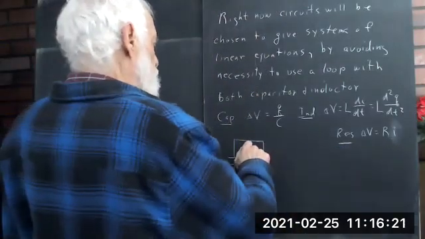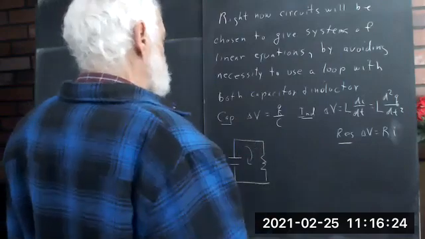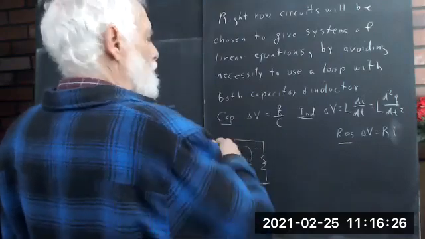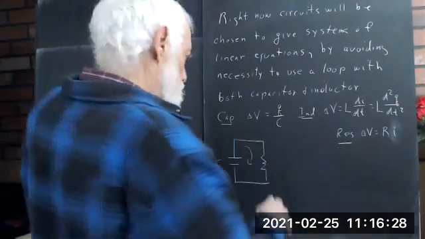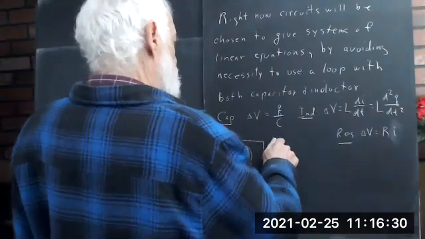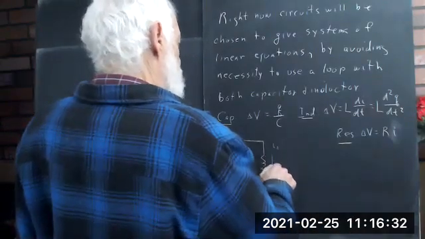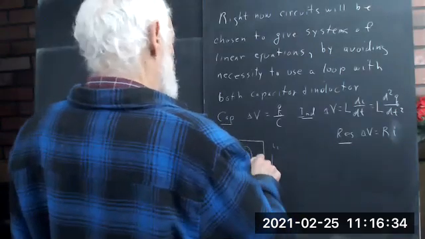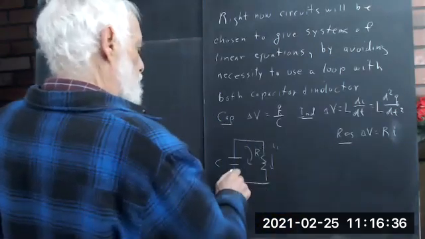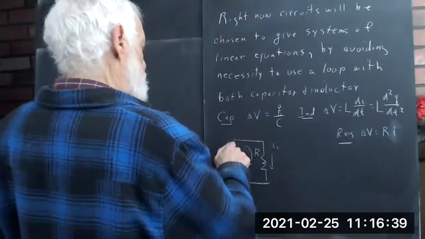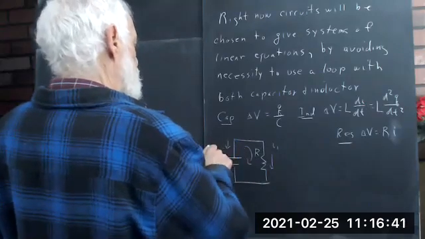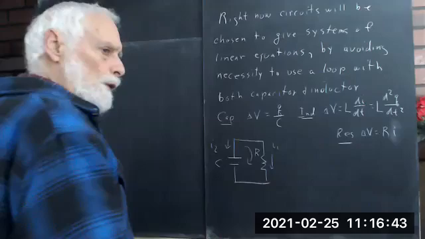So we move around this loop, and let's just say that this loop is part of a larger circuit. So we have a current I1 going through the resistor, and a current I2 through the capacitor.